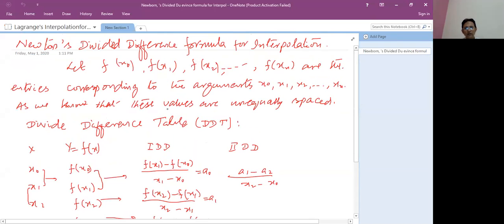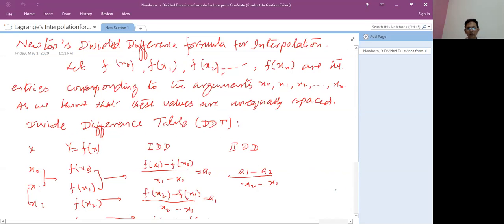As we know, these values are unequally spaced, because Newton's divided difference formula and Lagrange's interpolation formula are applied when the entries are unequally spaced. So student, we will first discuss how we can make the divided difference table.